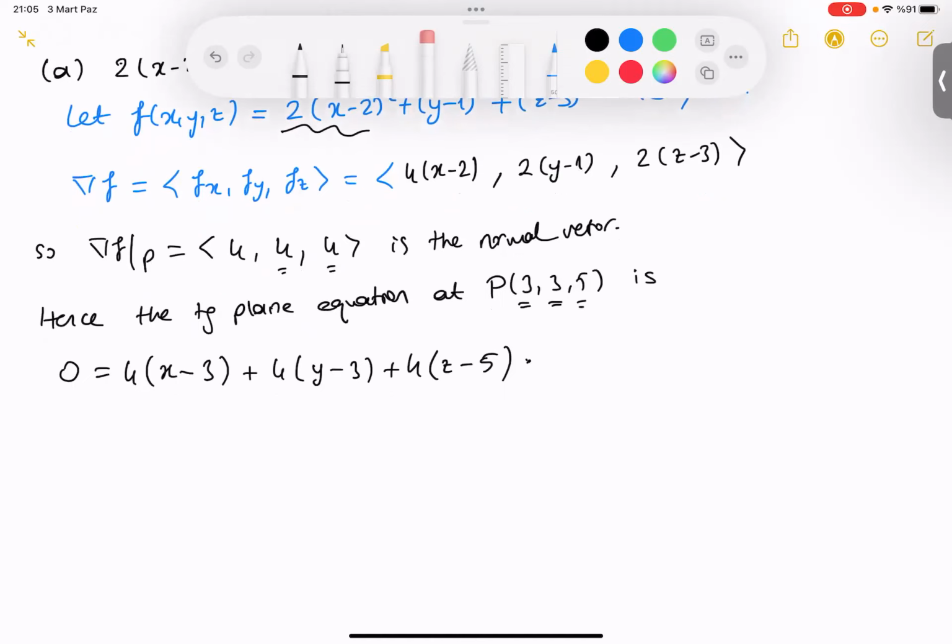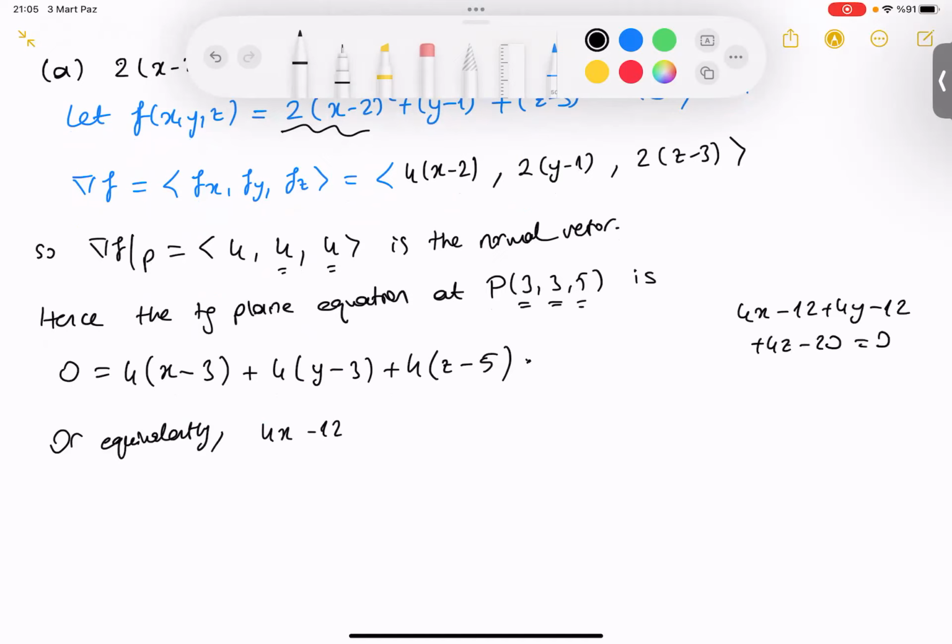All right, or equivalently, you can say if you want. So 4x minus 12, let's compute here: 4x minus 12 plus 4y minus 12 plus 4z minus 20 equals 0.